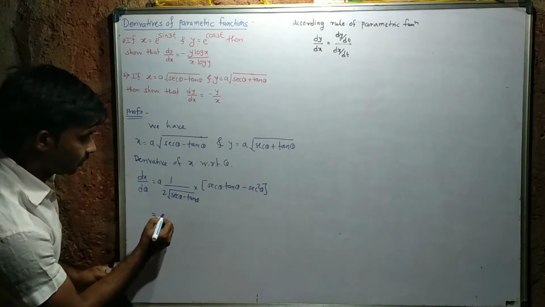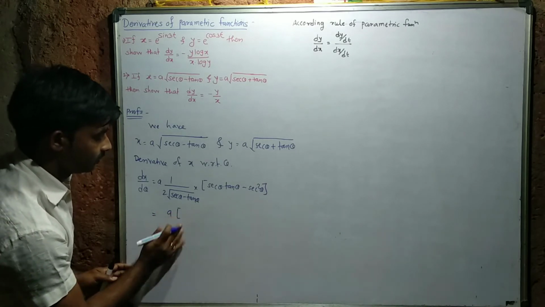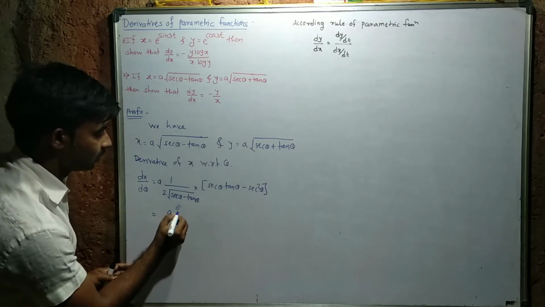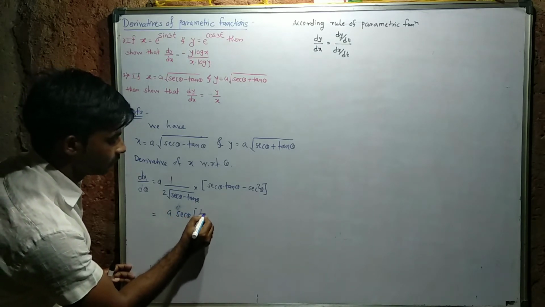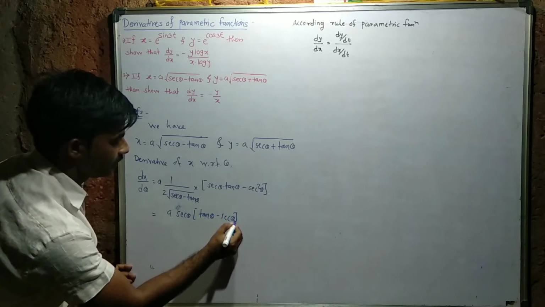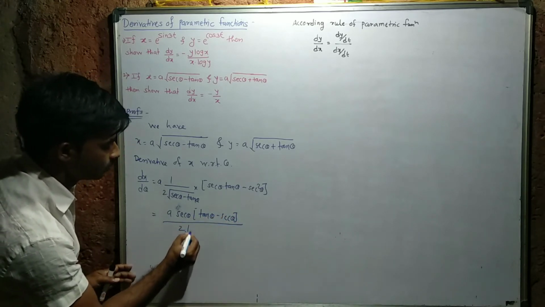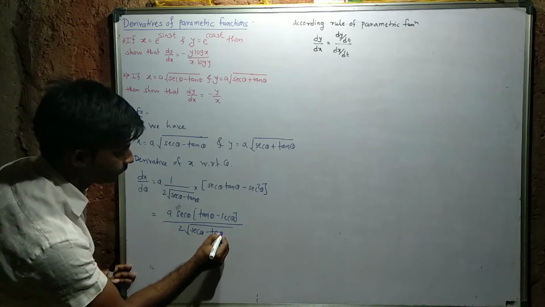Therefore you will get the final result a into bracket, where we take sec theta common, and inside the bracket you will get tan theta minus sec theta, and the whole divided by 2 into square root of sec theta minus tan theta.